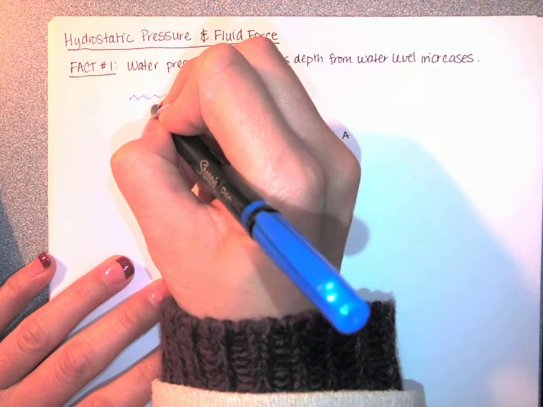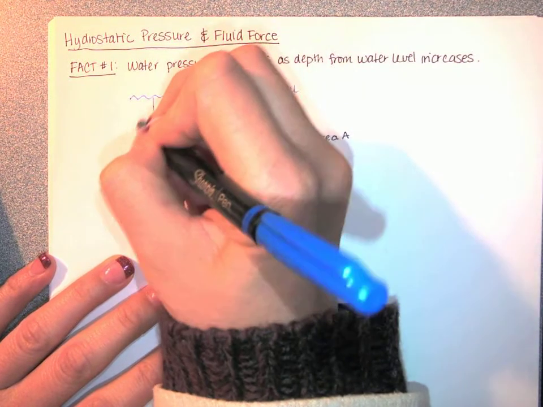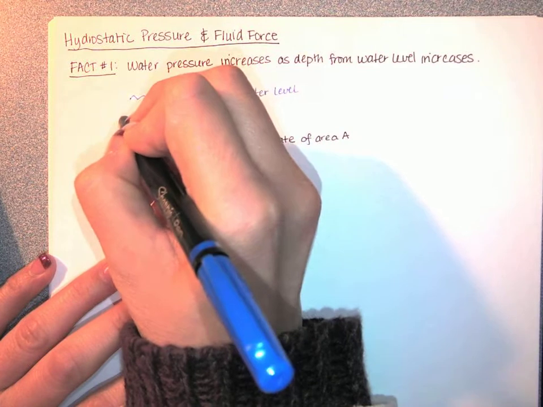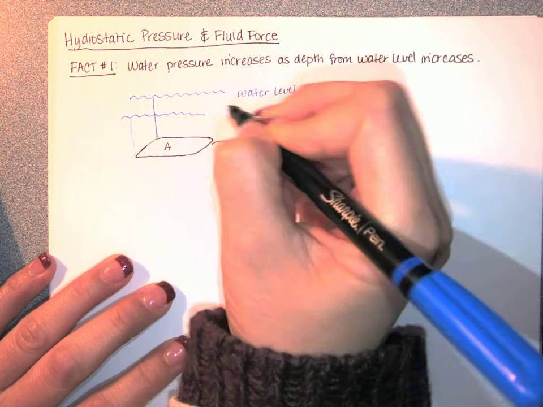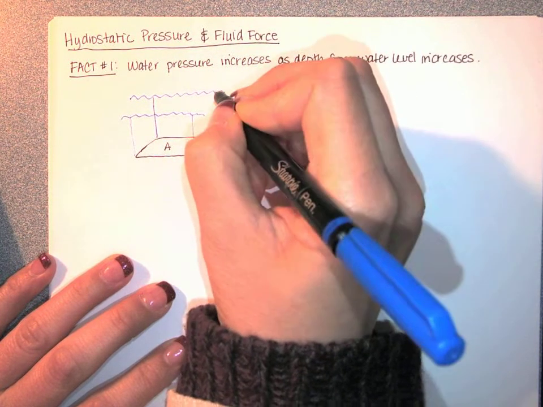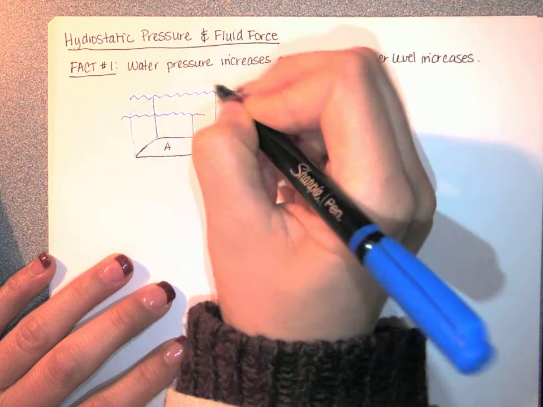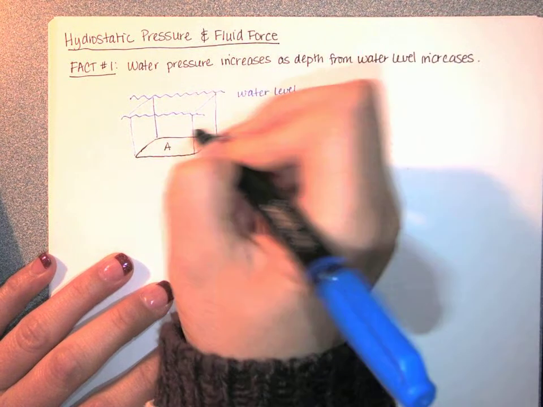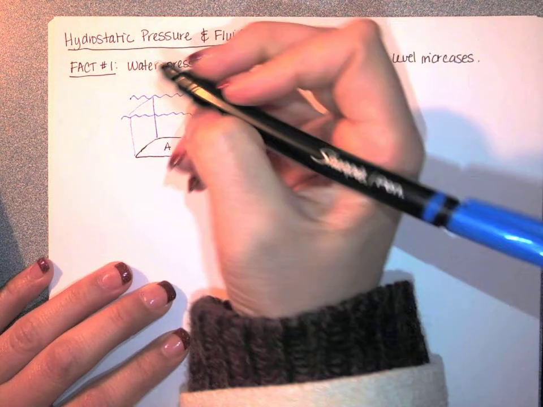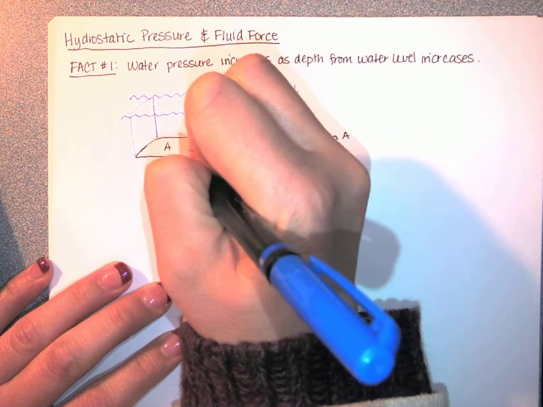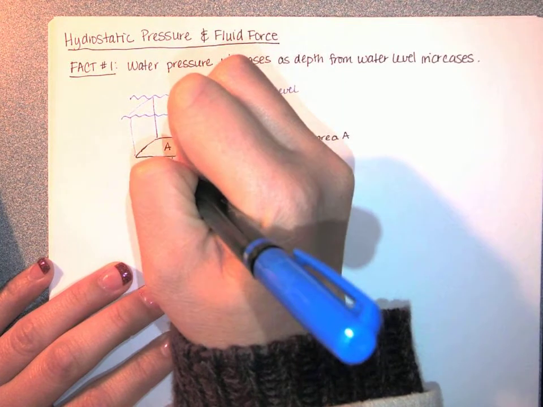So it depends on this volume of water that sits above A. Now I'm going to put a little wave here to say that that's a little bit closer to us. So all of this water that's above A is acting on A. It's exerting a pressure or exerting a force.